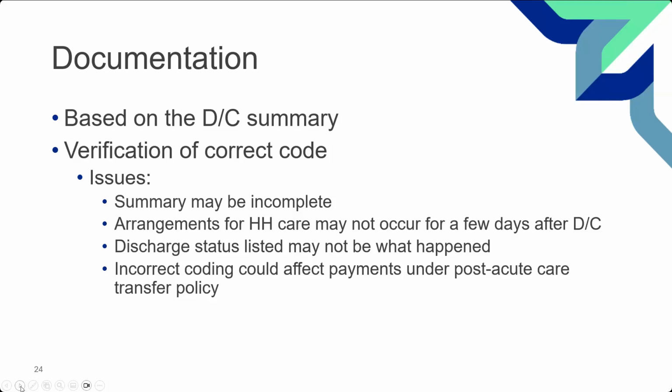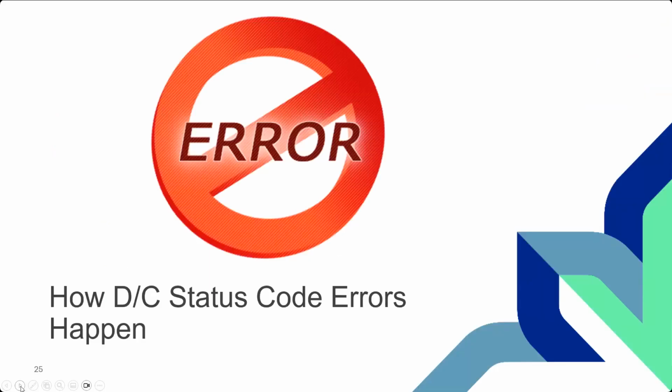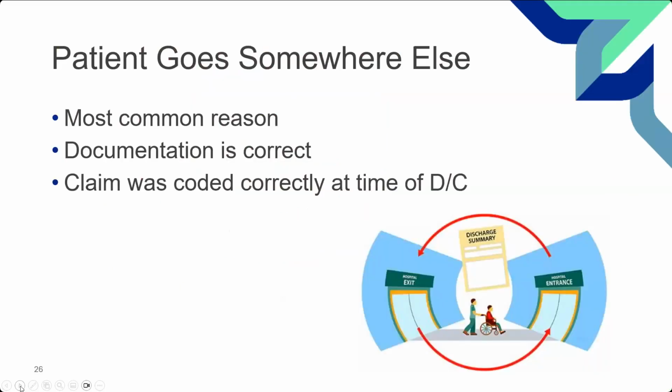So on the next slide, we're going to talk about how discharge status code errors happen. I want to review some of the most common errors. On the documentation slide, we reviewed some of these, but on the next slide, let's talk a little more in depth.